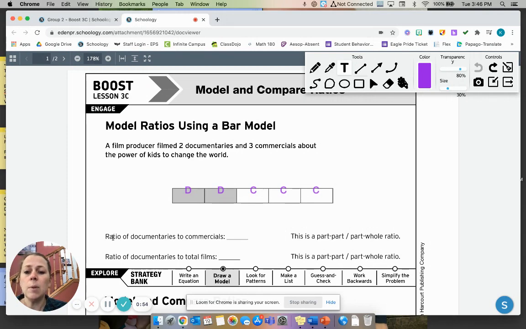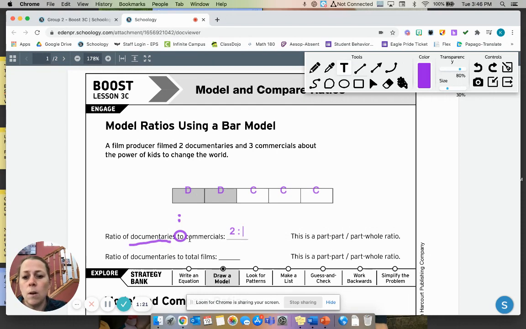When we're talking about ratios, remember that magical word "to" represents our 2 dots for the ratio. In front of the word "to" we have the documentaries. How many documentaries do we have? 1, 2. So the first number we use in our ratio is the number 2. Then we use the colon.